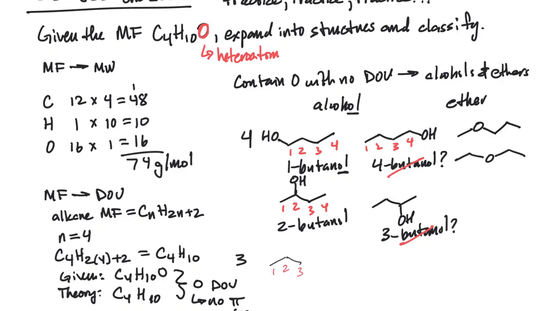And then we have that 4th carbon atom we have to put at position 2, because otherwise if we put it at 1 or 3, we're just going to draw linear isomers, which we already did. So again, we want to be rational about drawing these alcohols. So let's go ahead and put the OH group first at position 1.